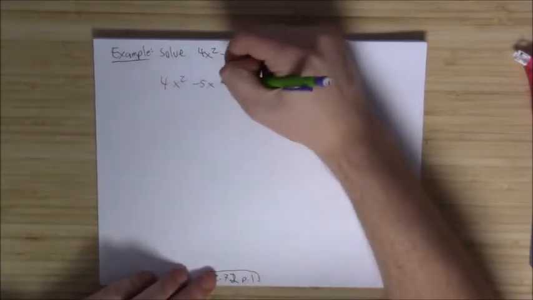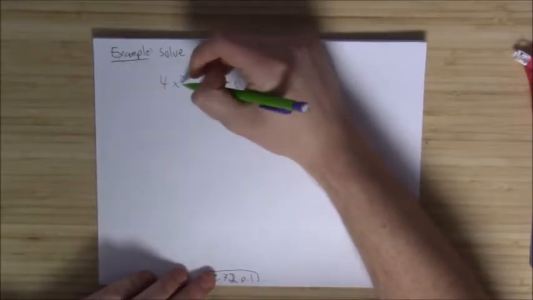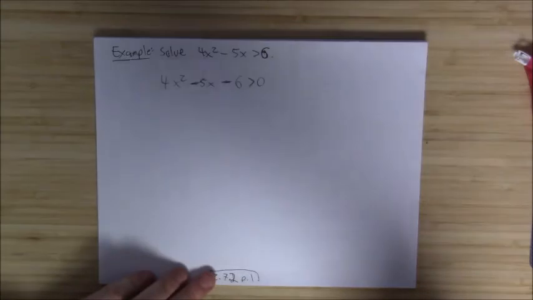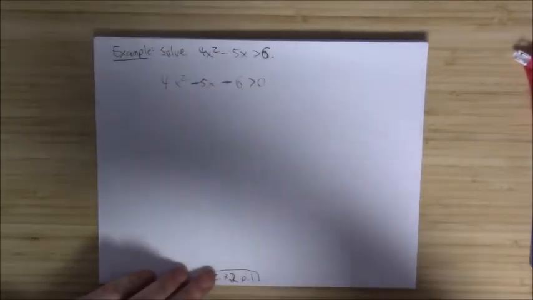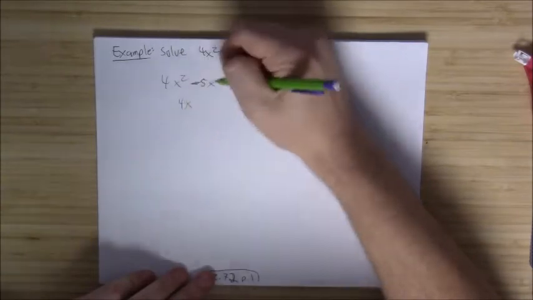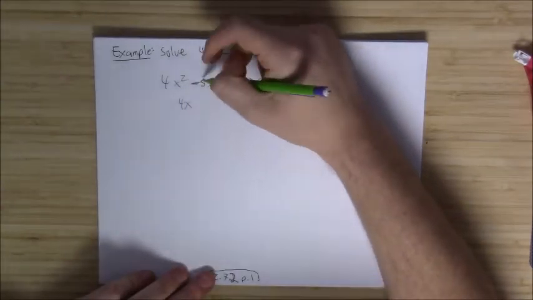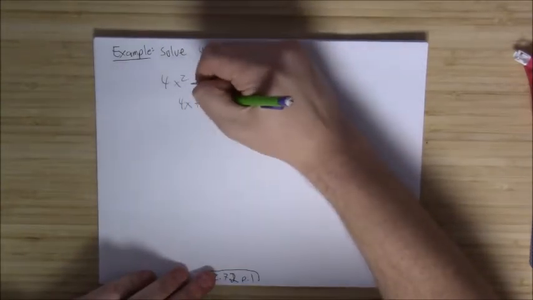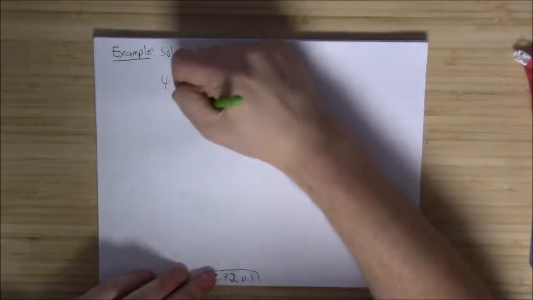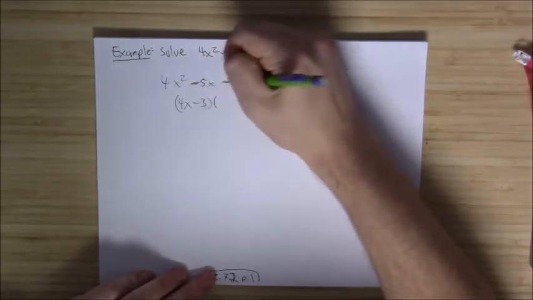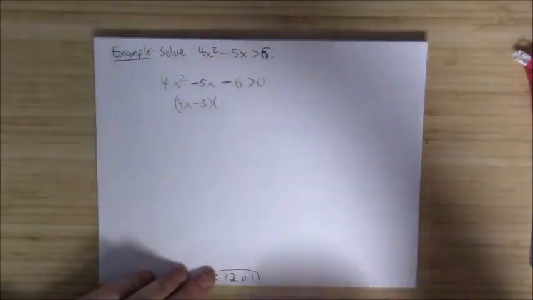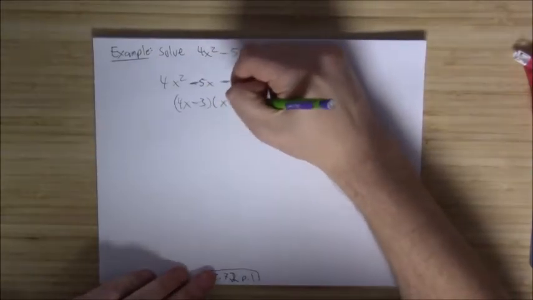And now we need to factor this. Well, 4 and 6 gives me 24. 24, 8 and 3. So I believe if I got this right, I should get 4x minus 3 times x minus 2.